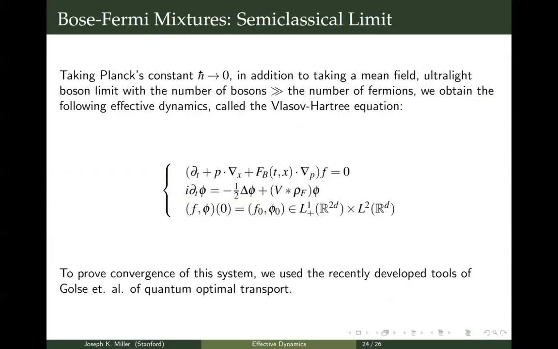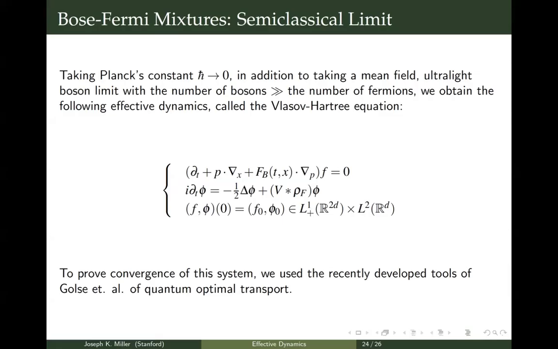If you do this for our situation, so if I take Planck's constant to 0, in addition to taking a mean field limit, and we needed to take very, very light bosons that were very numerous in order to balance all those constants you saw before, you can actually derive something we call the Vlasov-Hartree equation, where F is my fermionic density. When I take the semiclassical limit, it just behaves like a classical probability distribution.